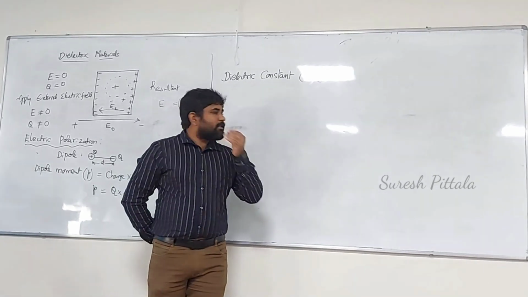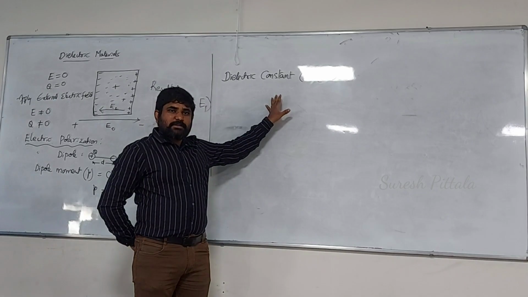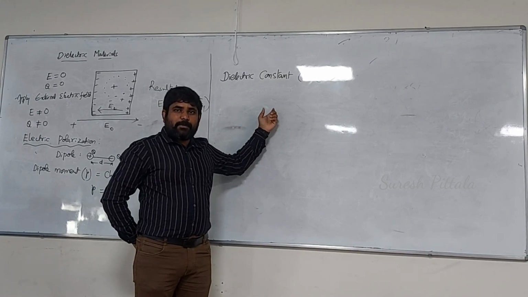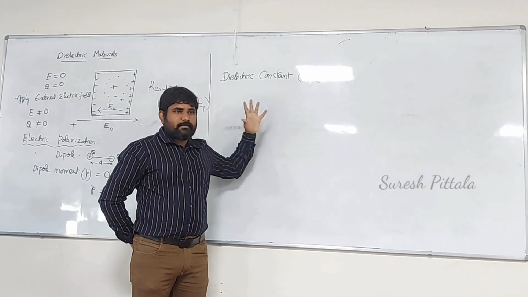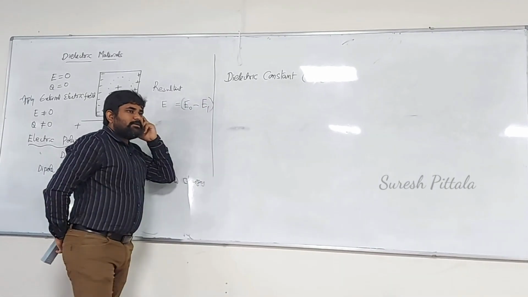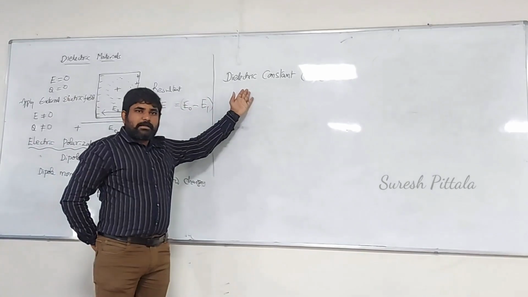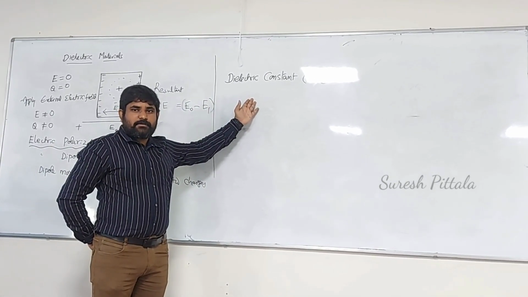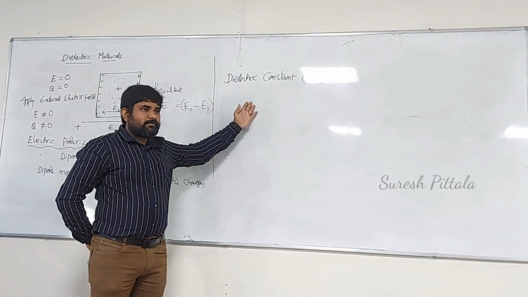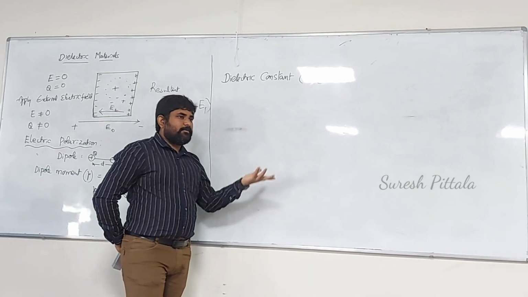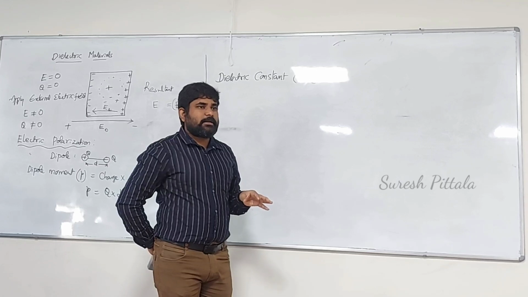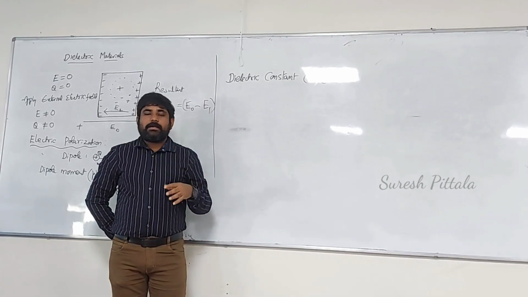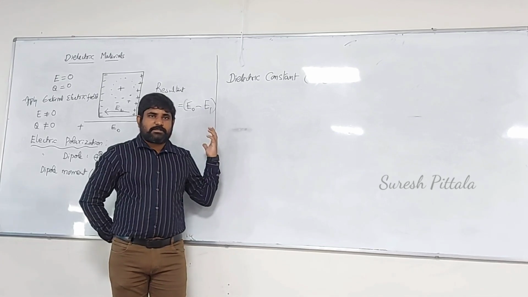So the dielectric constant is also a number. It gives an idea about its property. What is that property? See, what is a dielectric material itself? It's a kind of insulator. It has the ability to polarize, or to store the charges.